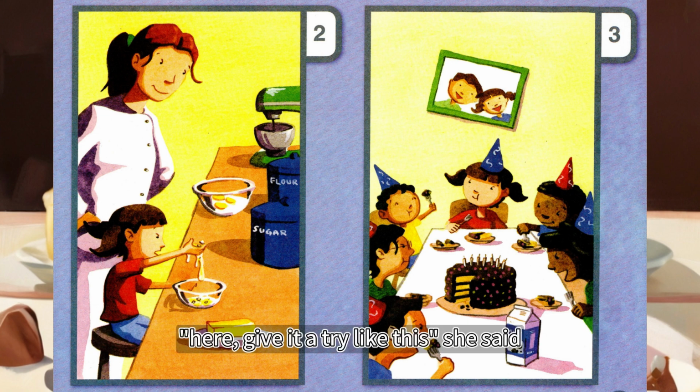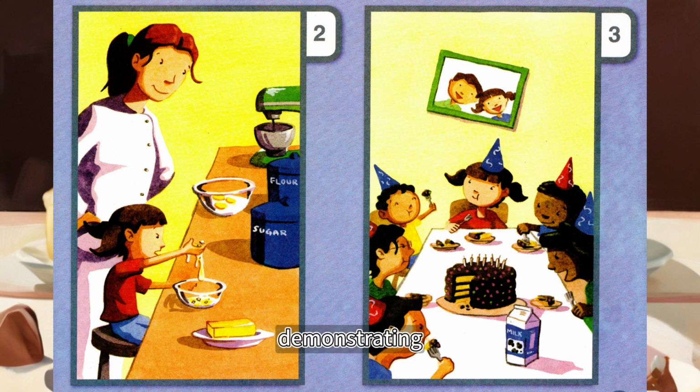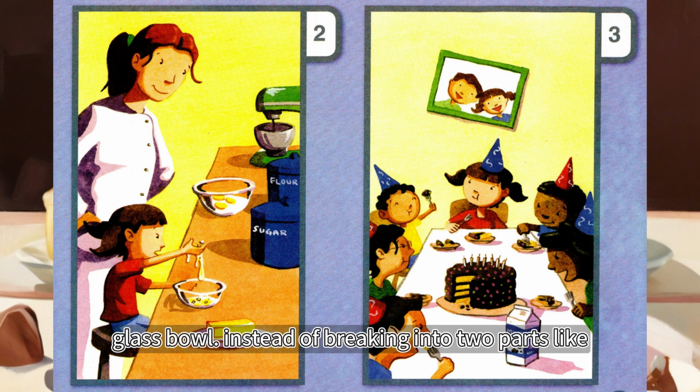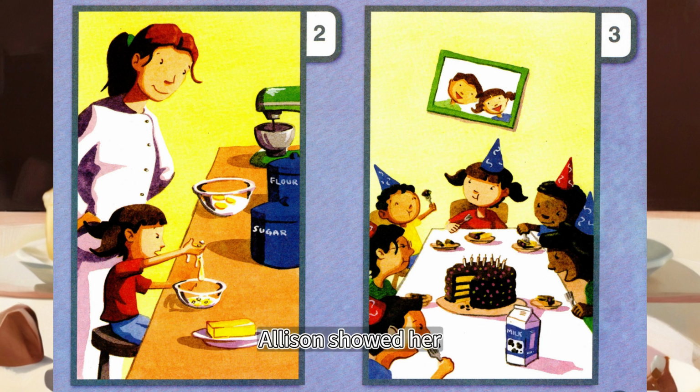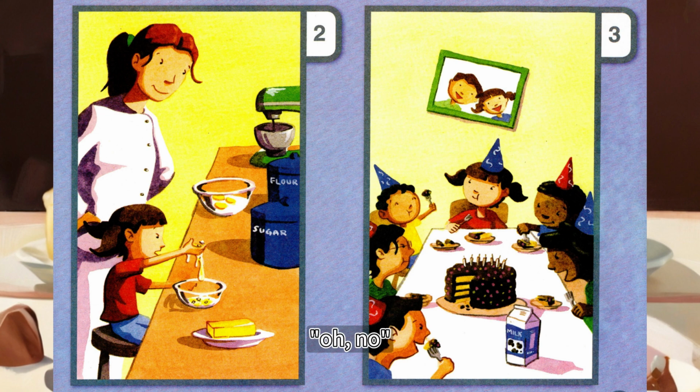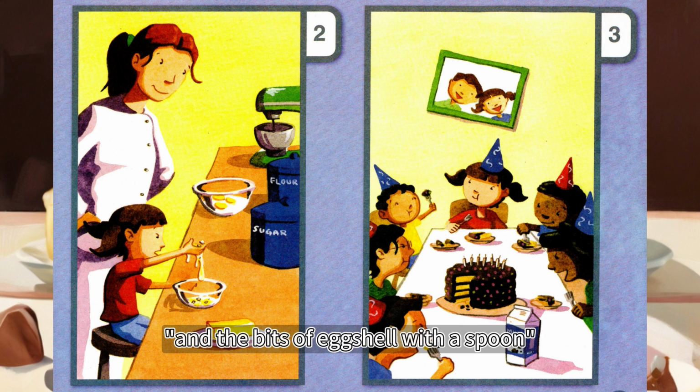"Here, give it a try, like this," she said, demonstrating. Caroline tried to crack an egg on the side of a big glass bowl. Instead of breaking into 2 parts, like Alison showed her, the eggshell smashed into lots of pieces. "Oh no," said Caroline. "That's okay," said Alison. "We can scoop out the yolk and the bits of eggshell with a spoon."